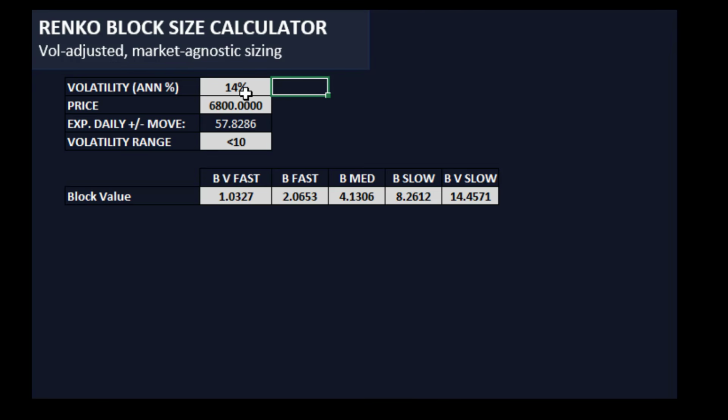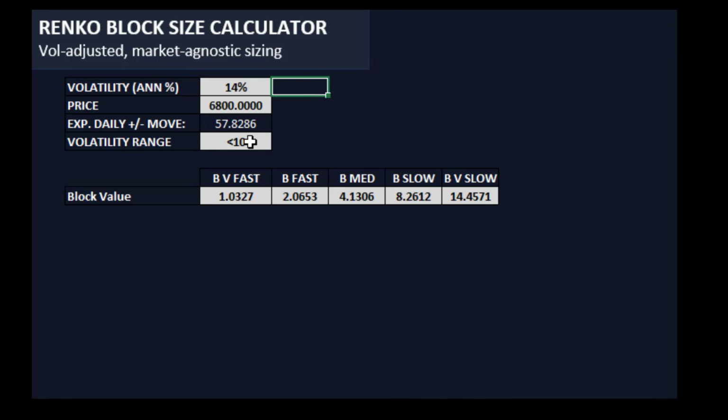The important part then, once we put in our volatility, is this volatility range box. This gives the calculation a variable that scales it up according to the level of volatility of the market. For example, the S&P has very low volatility at the moment, 14%, whereas maybe another stock market is at 30 to 40%.